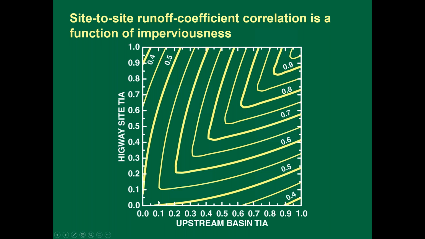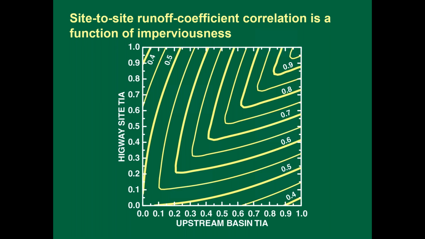If you think about this as a topographic map, the ridge line from the maximum value goes diagonally down this way. So the maximum correlation you get is when the imperviousness of the highway and the upstream basin are equal, and you get less correlation at lower imperviousness, because you have variations.